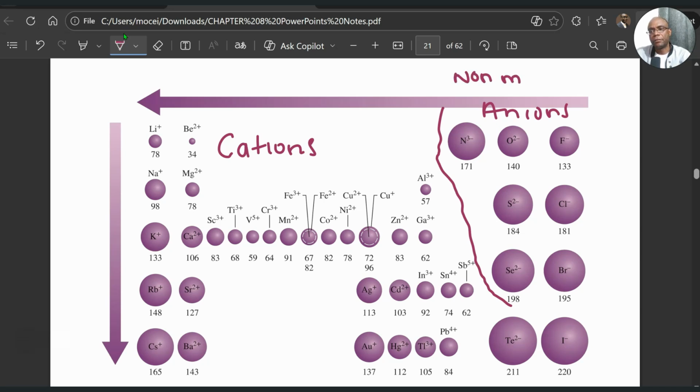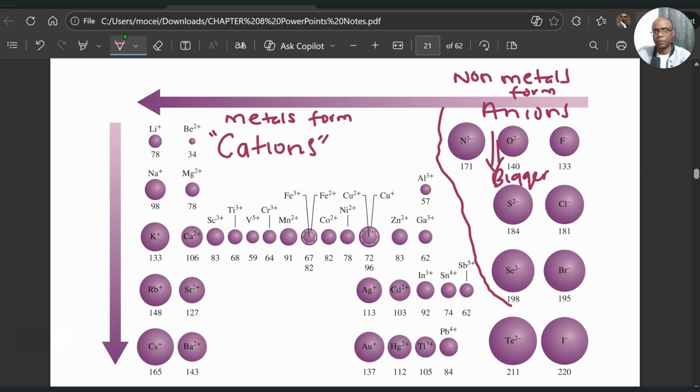Again, I'll remind you that nonmetals will always form anions, and the metals will form cations. And you can see that the anions are really bigger than their counterpart, the cations. All because they gain electrons, and there will be electron repulsion in the energy shells outside the nucleus, and the atom is going to be bigger.